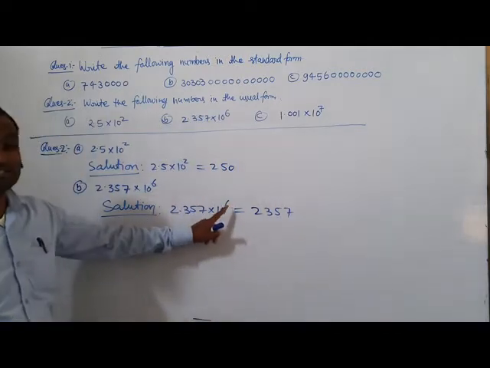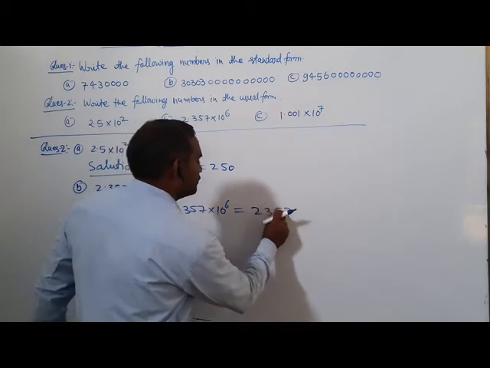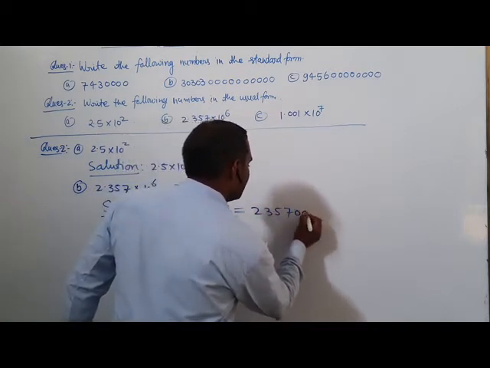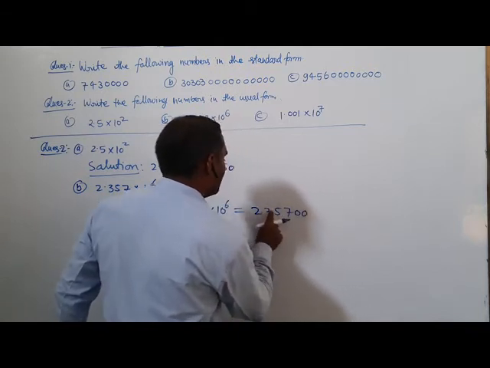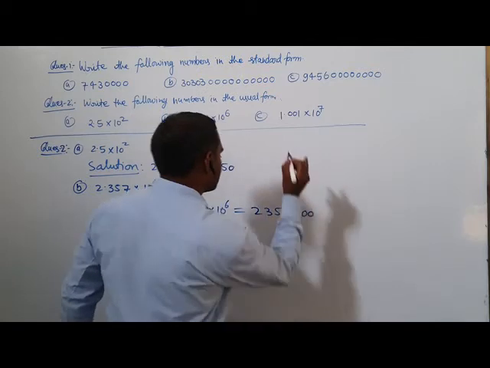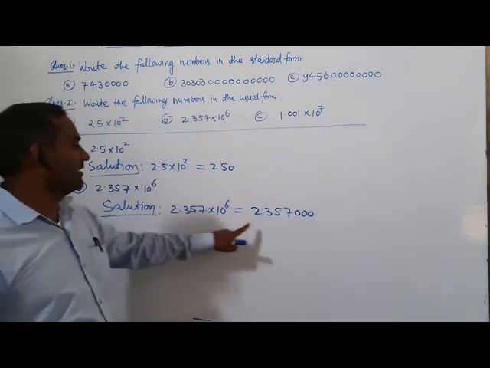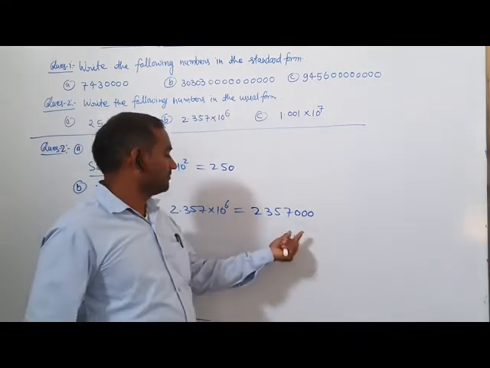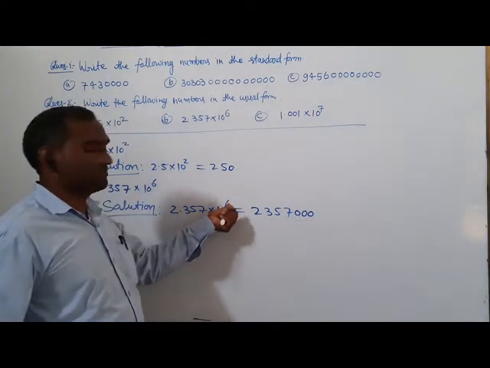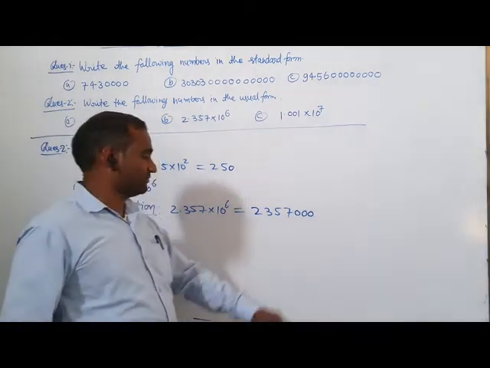What is the power? 6 places. Where does the decimal go? After the 2, 3 places are given, so to complete the number of places, we write 3 zeros.